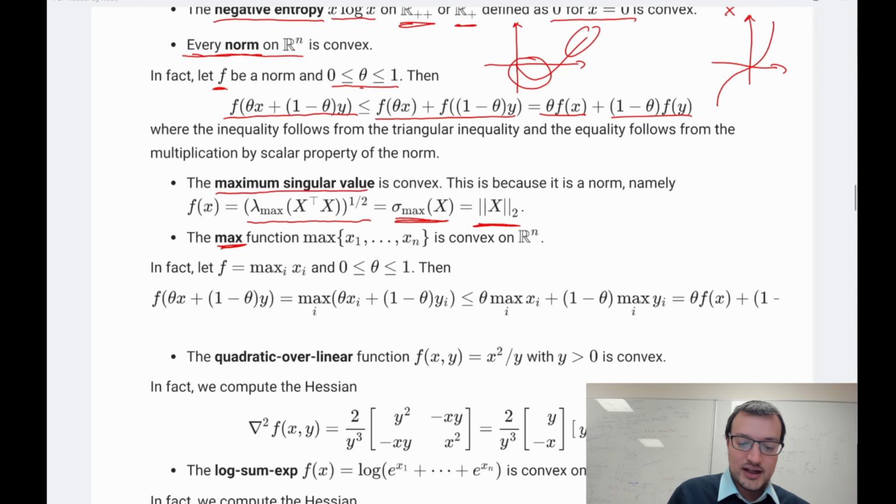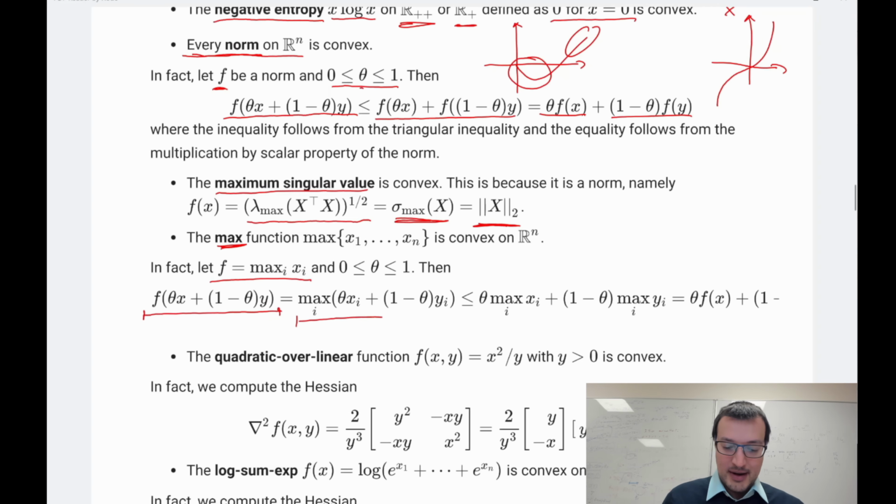The max function is convex. Let's prove this. If f gives you the max between a finite number of elements xi, then we compute f of theta x plus 1 minus theta times y.